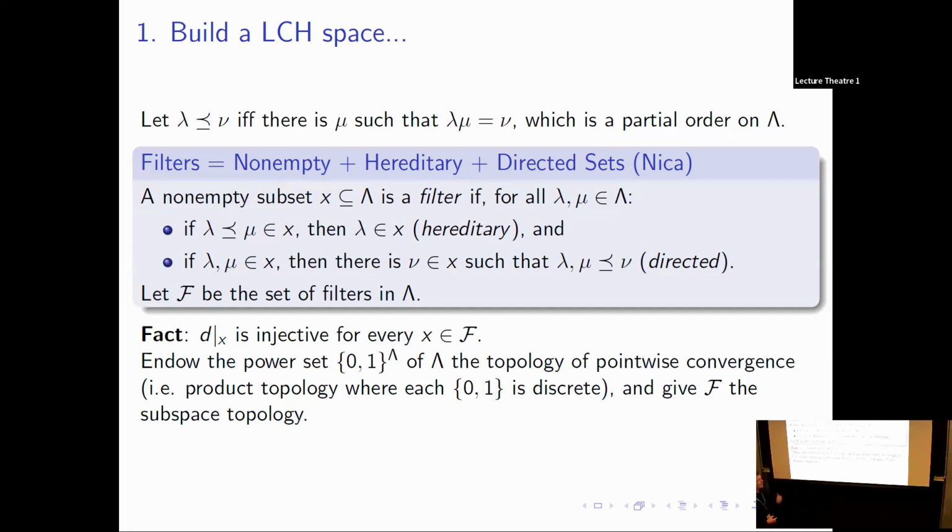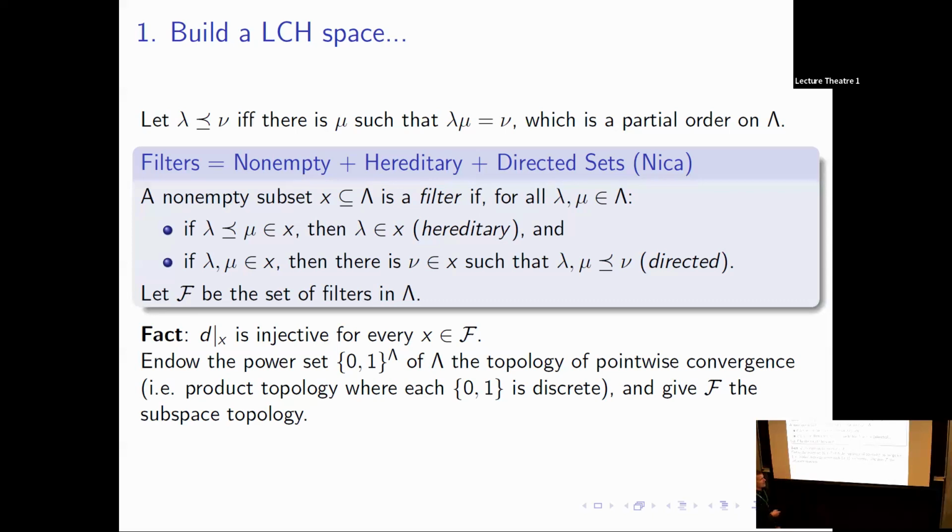So our filters as a collection, that's a subset of the power set of lambda. It's just some subsets. So I'm going to endow the power set of lambda with the product topology where each {0,1} is discrete. And this is what Nika does in his paper in 1992 as well, when he's looking at a special case where the graph he's looking at is nice submonoids of groups, and he does this kind of thing.